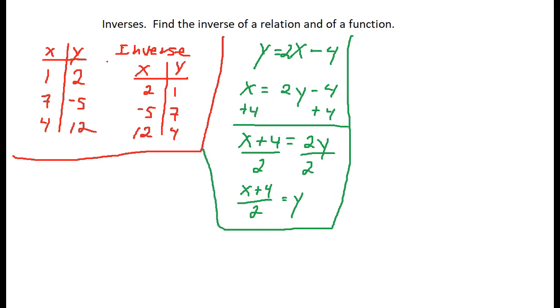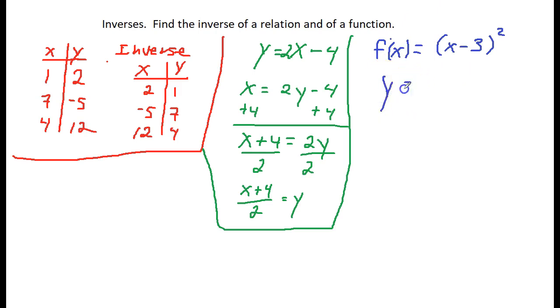Okay, what if it's written in function notation, like f of x equals, let's just do this, x minus 3 quantity squared. If it's written in function notation, just replace f of x with y.